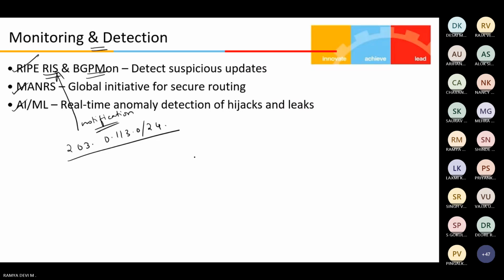Fine. So monitoring and detection, these are the tools. We can use RIS, BGP, and AMON for checking the visibility. It gives the visibility, and we can build the global security culture together with the AI/ML techniques. Real-time intelligence can be given to detect the hijacking and also the leaks.